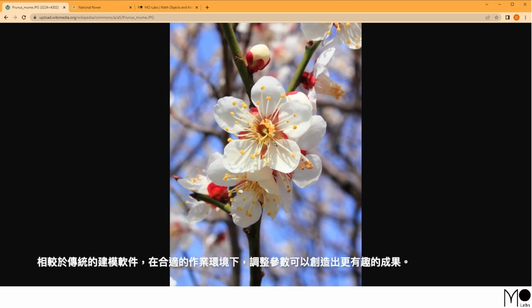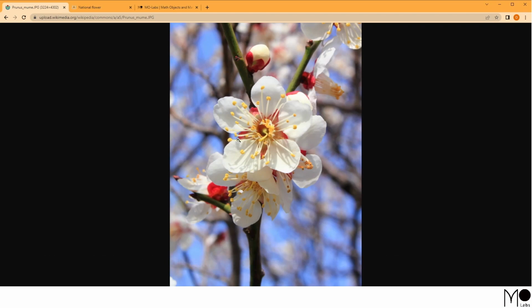And the fun thing is you can even vary, using parameters within the 3D modeler, the shape of each of the petals slightly if you want. So let's have a look at one of these petals.